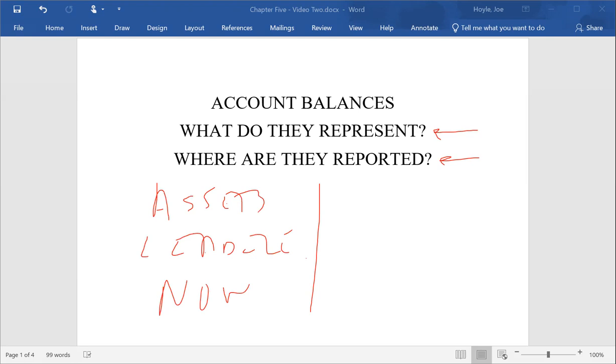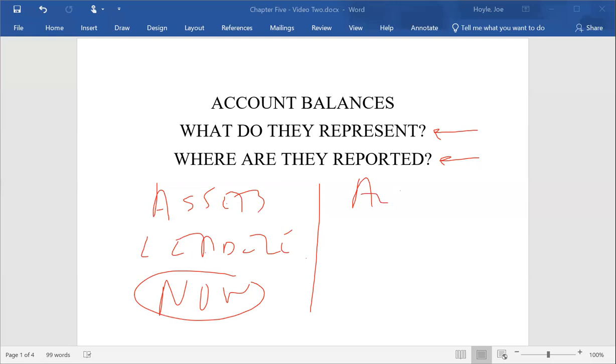If you're looking at assets like cash or inventory or prepaid rent or buildings, it's talking about that balance right now. Liabilities like accounts payable or notes payable or salary payable is talking about what you owe right now. Those accounts are basically looking at what happens or what has happened right now.